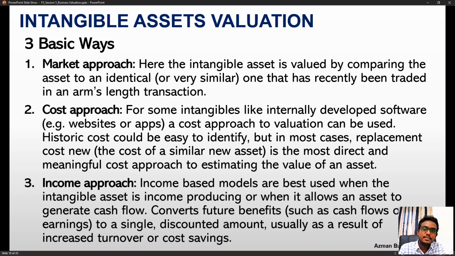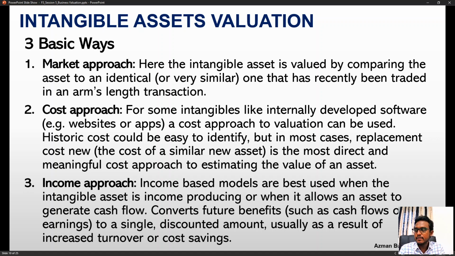And finally, the income approach. Income based models are best used when the intangible asset is income producing or when it allows an asset to generate cash flow. You convert the future benefits such as cash flows or earnings to a single discounted amount, usually as a result of increased turnover or cost savings.